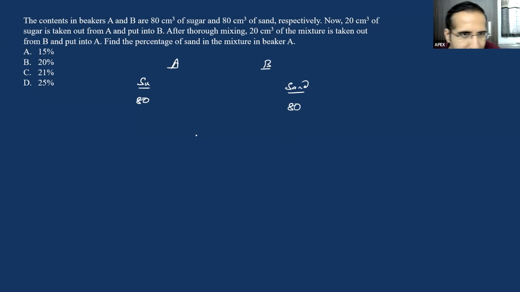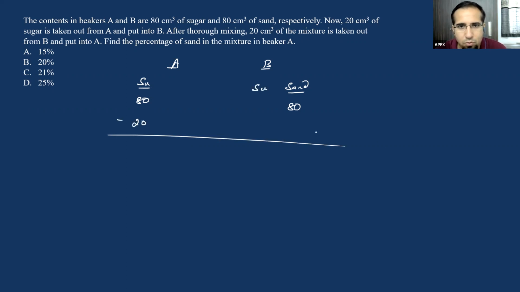Now it says that 20 cm cube of sugar is taken out from A and put into B. Okay. So I'm taking out 20 from here and this will have sugar now. So this has 20 of sugar and 80 of sand, which means sugar and sand are in the ratio of 1:4. And this has only 60.